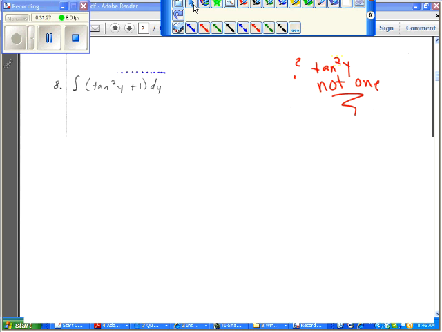Well, we've got to think about things from the past, right? Tangent square plus 1. Does that look like anything you've ever seen before? Well, remember the Pythagorean identities.